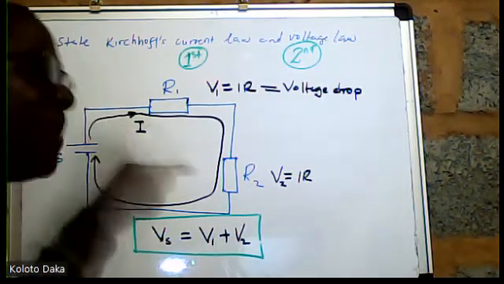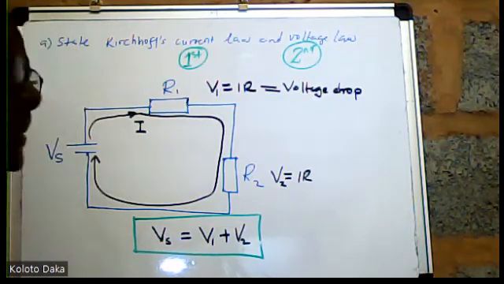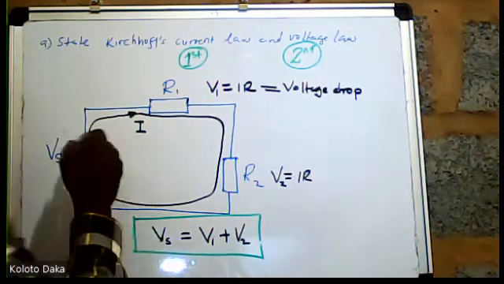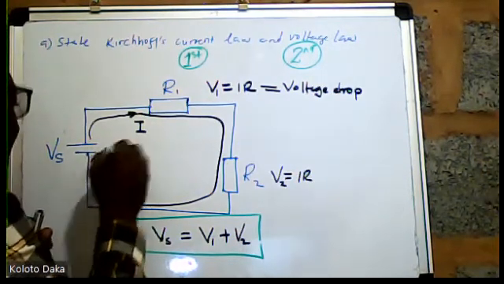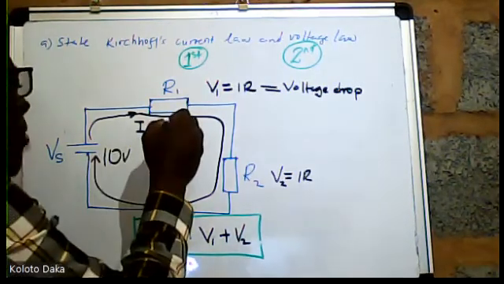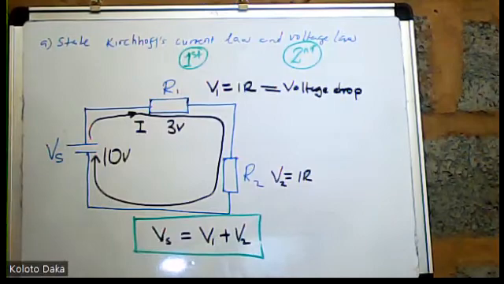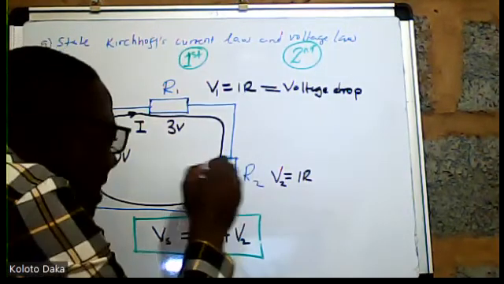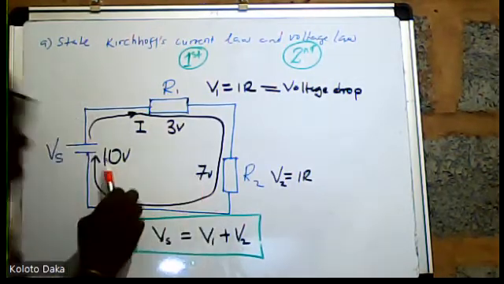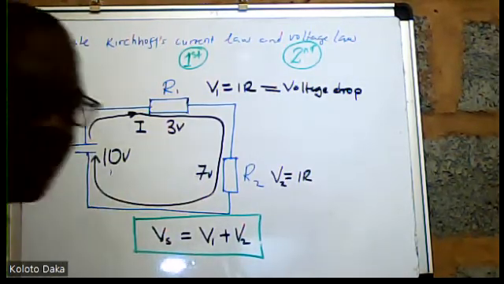It means the number of people that have dropped must be what? 20. So, if here we had 10 volts, and what has been lost here is only 3 volts, definitely what should be lost here should be 7 volts. So that 3 plus 7 should give us the supplied voltage.